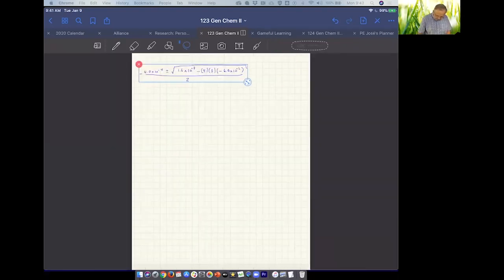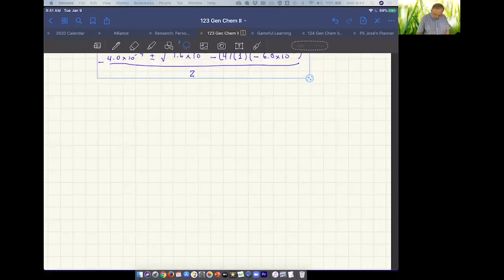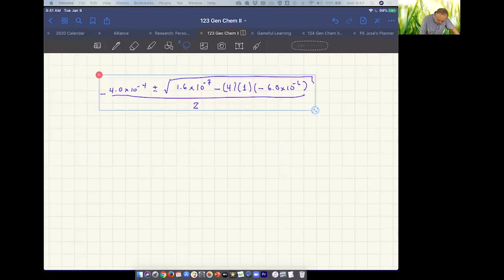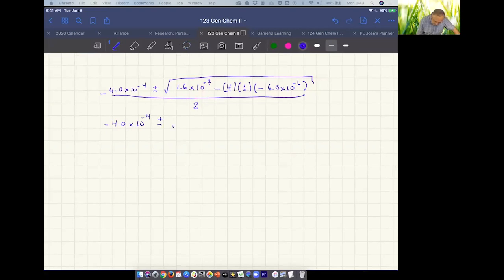Okay. So now I have to operate this. So it's going to be negative 4.0 times 10 to the negative 4. Please, if I make a mistake, just interrupt me.